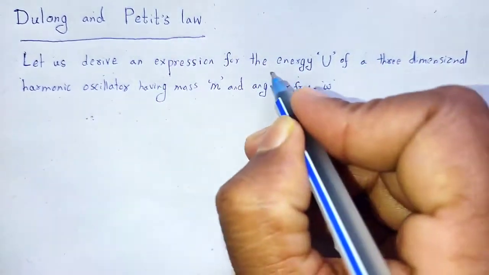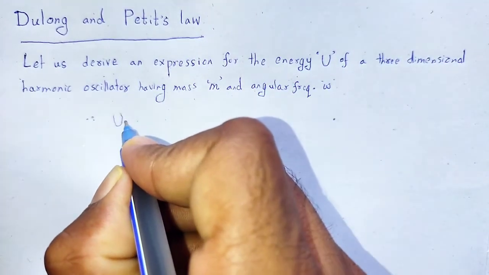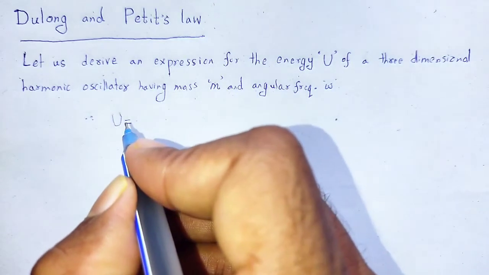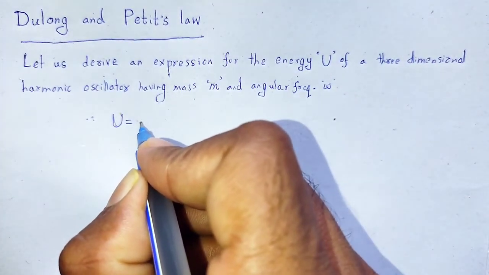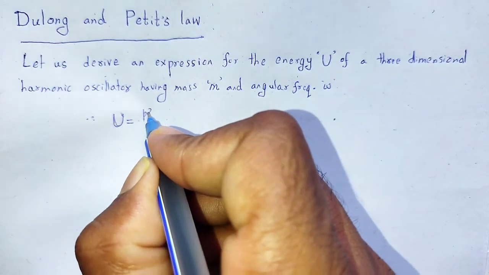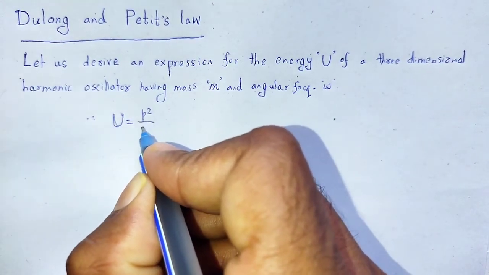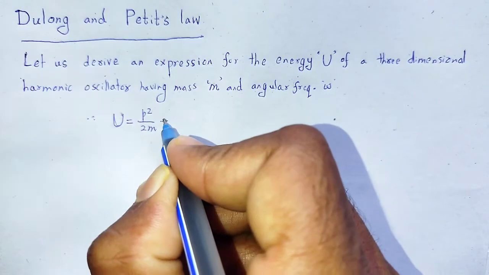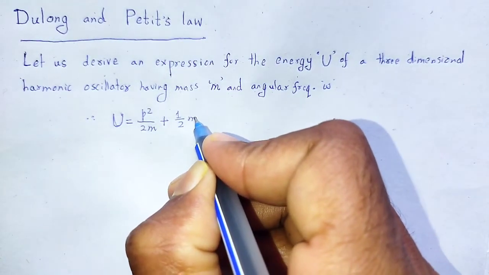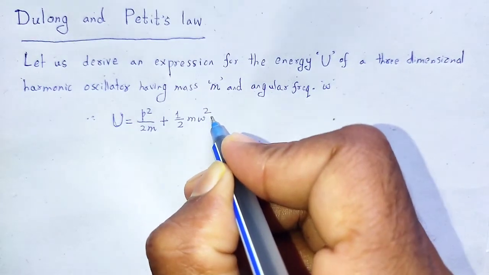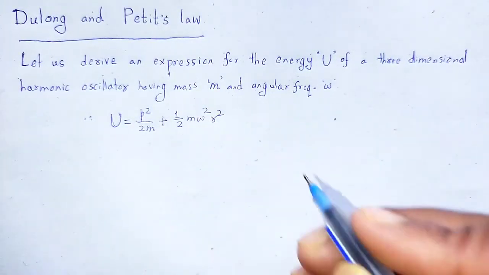Therefore, the energy U is equal to its kinetic energy plus potential energy. So U is equal to its kinetic energy, that is p square by 2m, plus its potential energy, half m omega square r square.